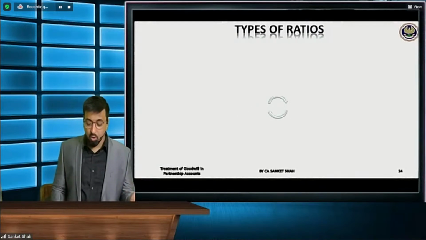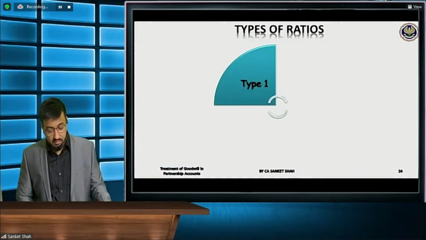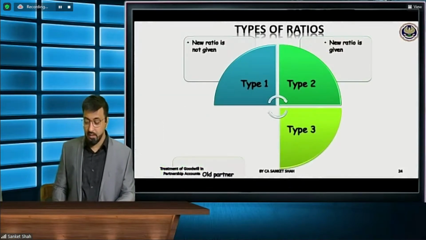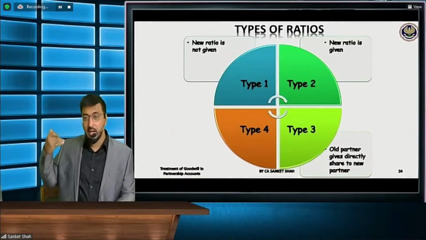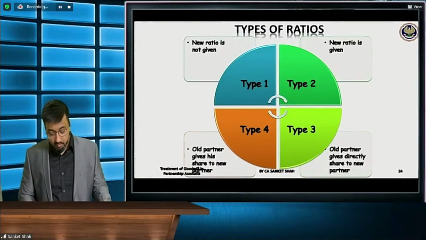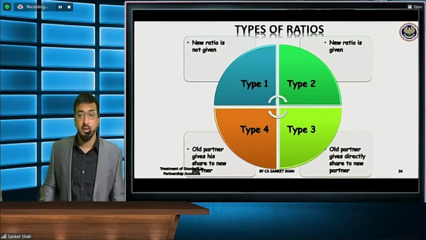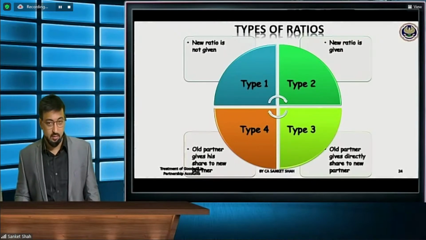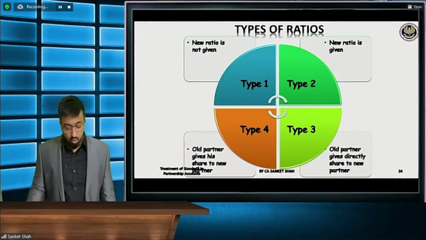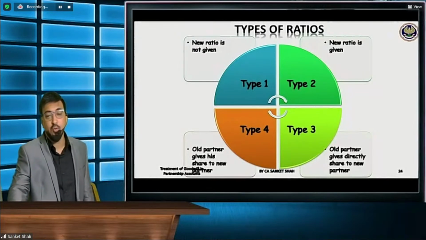Beta, the same concept: retirement concept is the same as your admission, only the entries are getting reversed. Write down there are 4 types. Write down these types one by one. Type 1, new ratio is not given. New ratio is given. Old partner gives directly share to new partner, and old partner gives his share to old partner. So type 1, type 2, type 3, type 4.